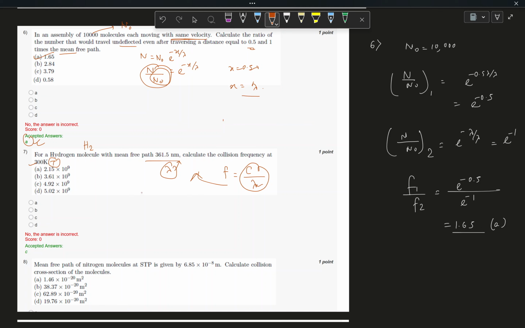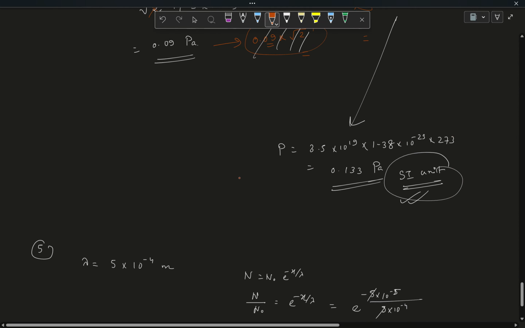You know that velocities depend on temperature by a specific formula, and in this case we will be using the average velocity of the gas molecules in the hydrogen gas, because nothing else is mentioned. We can also use the RMS velocity if that is mentioned in a question, but otherwise we will be sticking to the average velocity formula and putting it in terms of velocity in the calculation of collision frequency. So question number 7.